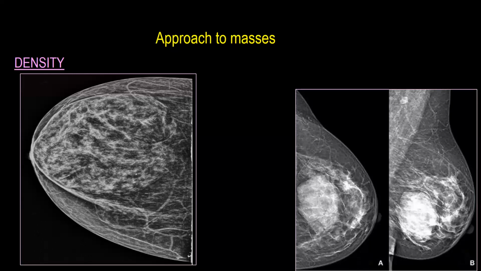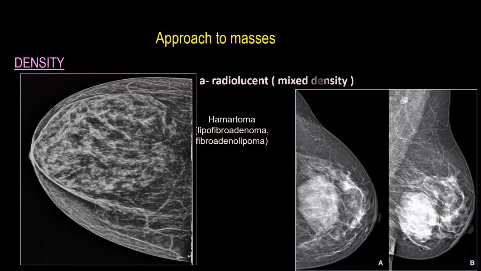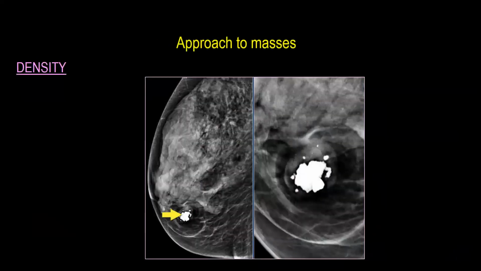The relation between fibroglandular and fat component is variable between mass and mass, or hamartoma and hamartoma. These are both hamartomas or fibroadenolipomas.